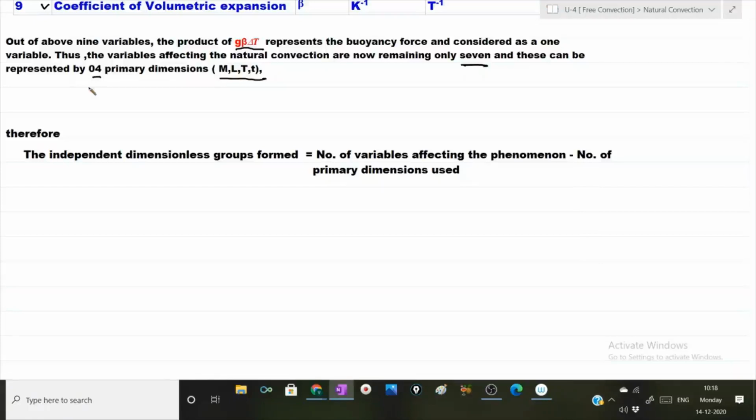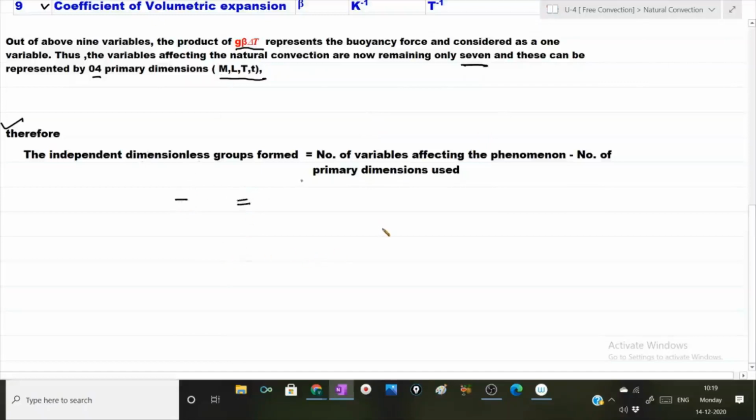So how to calculate the number of these independent dimensionless groups? The independent dimensionless groups formed is equal to the number of variables affecting the phenomenon minus the number of primary dimensions used.